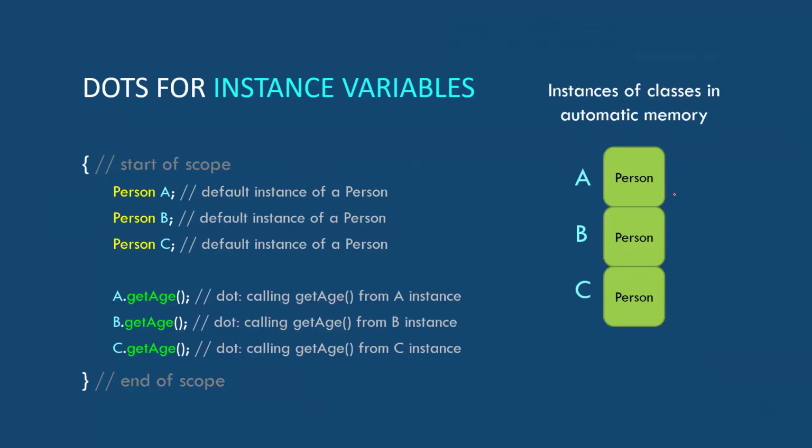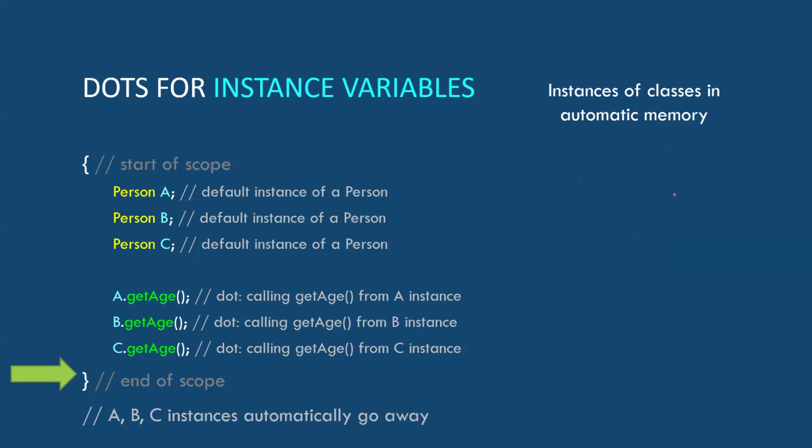Since those are automatic, they have variable names and there's no new and no pointers in there. They are going to go away automatically. After execution leaves that second curly brace, everything that was created inside of there is going to go away. And that's a good thing.